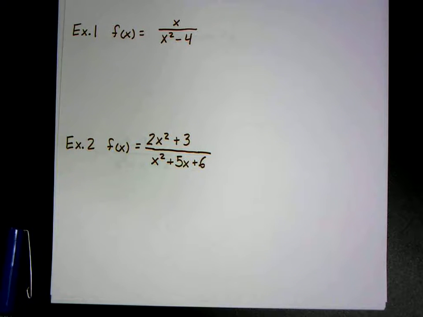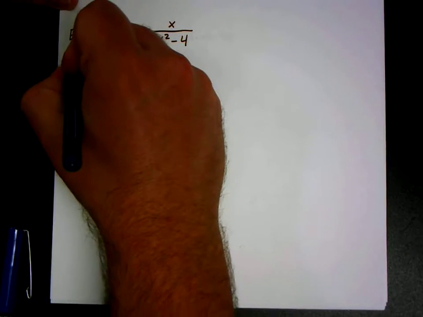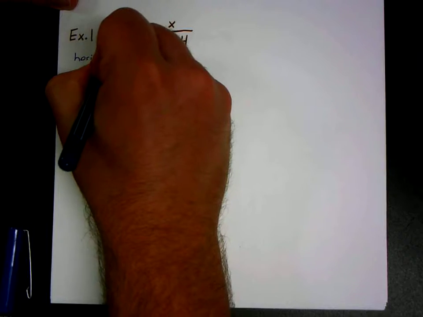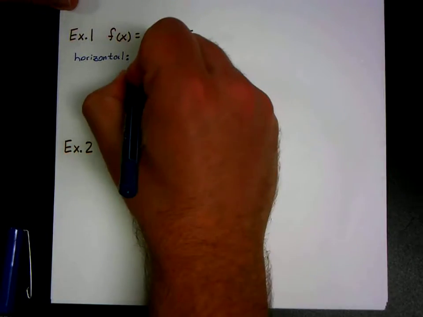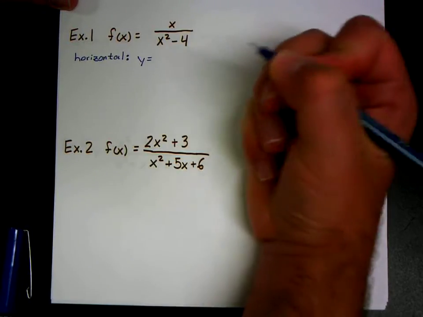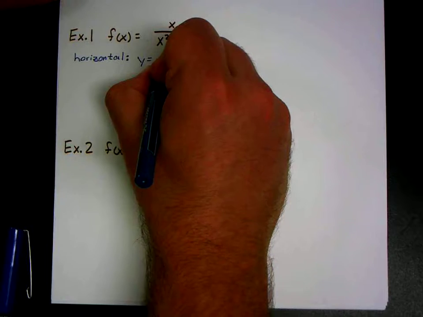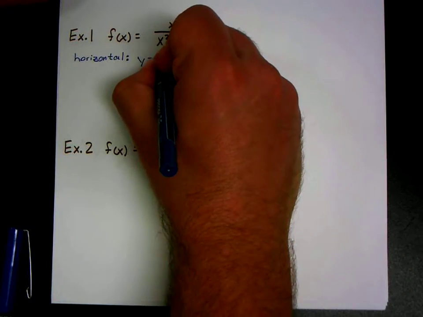All right, so for example 1, let's start with horizontal. Okay, my largest power is 2. So what's the coefficient of x squared on the top? 0, because there isn't one.